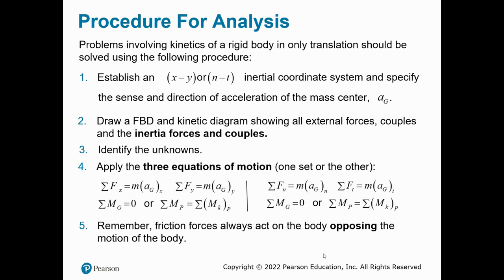You have Fx equals max, Fy equals may, and if it's an nt coordinate system, you will have Fn equals m(a_G)n, Ft equals m(a_G)t. Both share the moment equation, either about the center of gravity, sigma M_G equal to 0, or about a point P, sigma M_P equals sigma (M_k)_P. Remember, friction forces always act on the body, opposing the motion of the body.